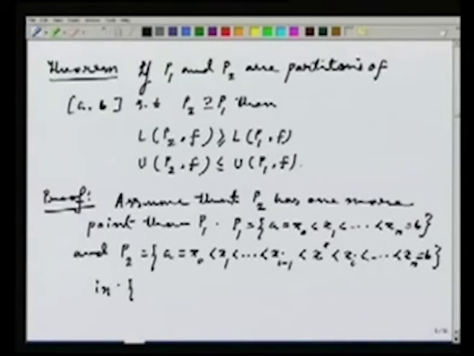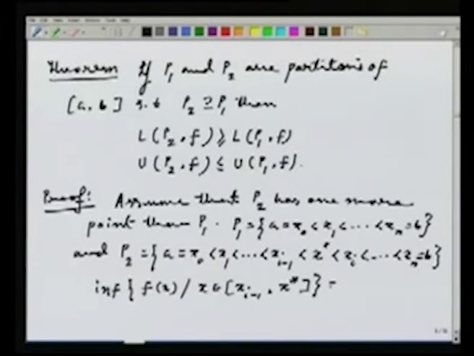Now we are trying to calculate the LPFs first. The proof for UPF is analogous. Now what I am interested in first is this set: infimum of fx, where x lies between xi minus 1 and x star.